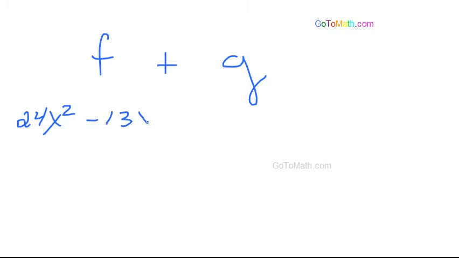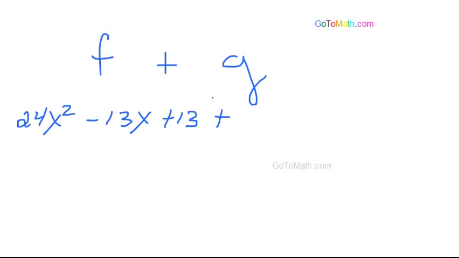And let's move over to the magic whiteboard. So we're going to write this real big. F plus G, that's what we're asking to find. So let's go ahead and write F down over here. That was 24x squared minus 13x plus 13.